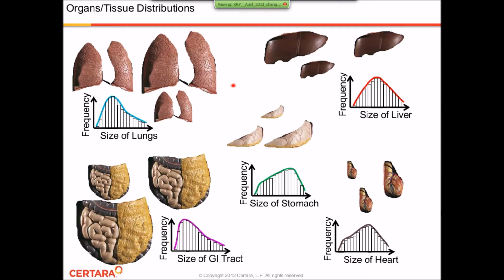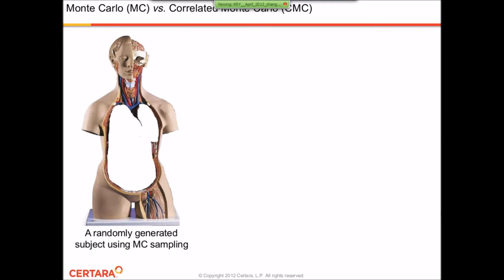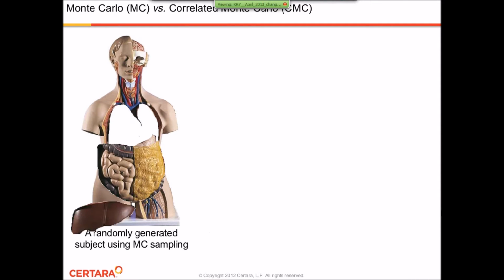So if you think back to these distributions here, what we're doing is assigning a volume based on the demographics of an individual rather than just sampling randomly and independently of any covariates. Because what we don't want is to end up with this situation here where we end up with tissue volumes for an individual that are completely wrong for that individual. And you can see here that in some cases the heart and lungs are too small, whereas the GI organs are far too big.